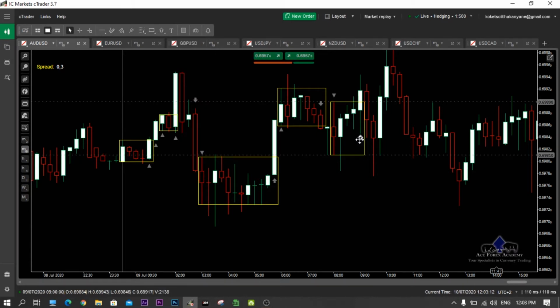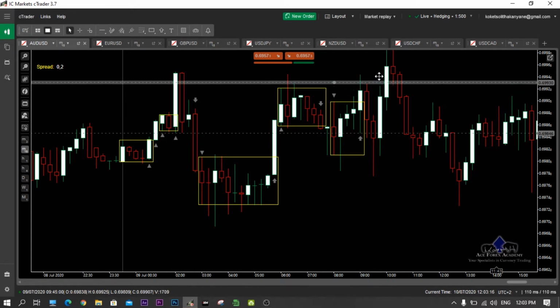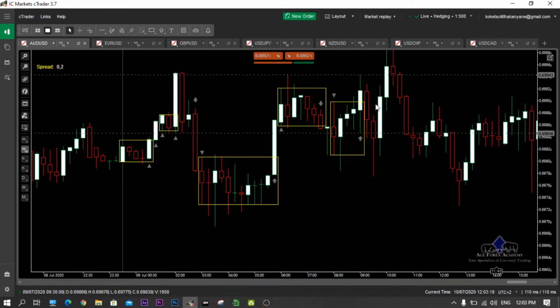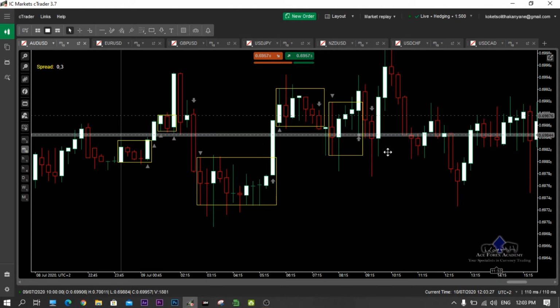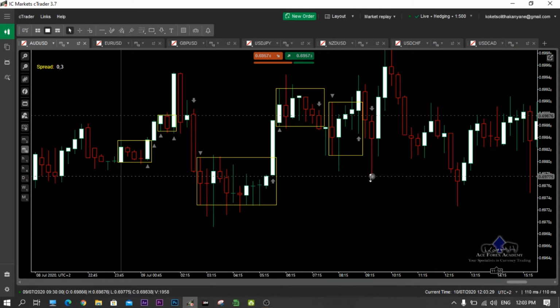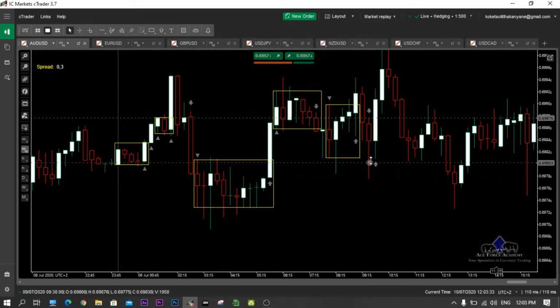A bit of consolidation, bears were in control again, pushed the trend down. This was quite a fight. As you can see, the bulls then came in and pushed the market higher.